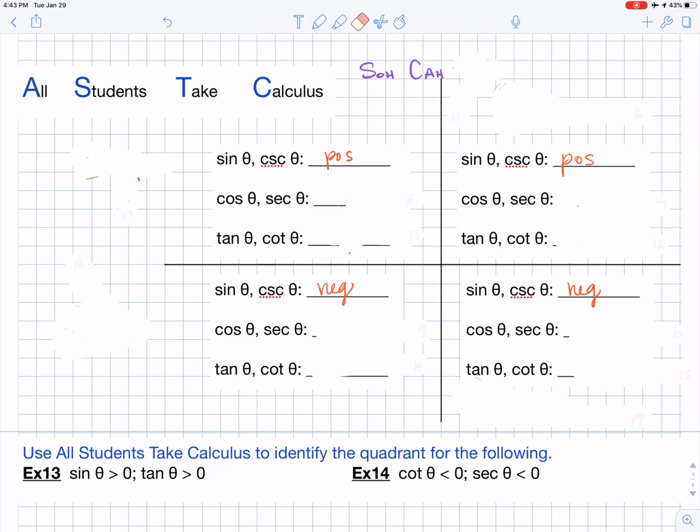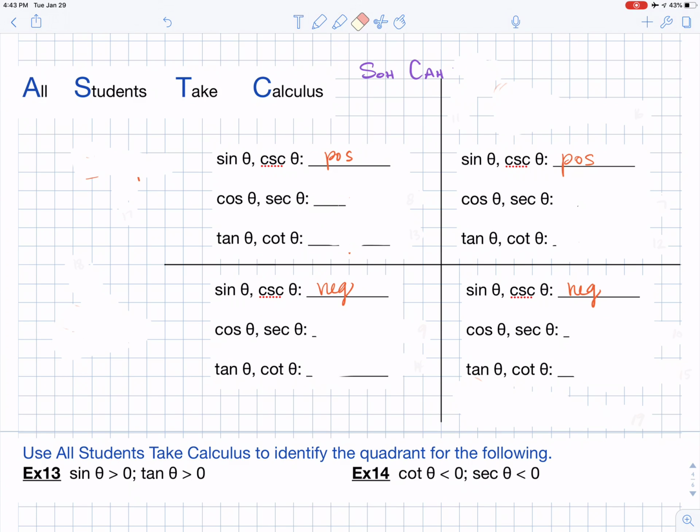Talking about cosine, this is going to be adjacent over hypotenuse. So again, if the theta is at the origin, the adjacent will be the x value. So for cosines, we're dealing with the adjacent over the hypotenuse, or the x value over the radius.